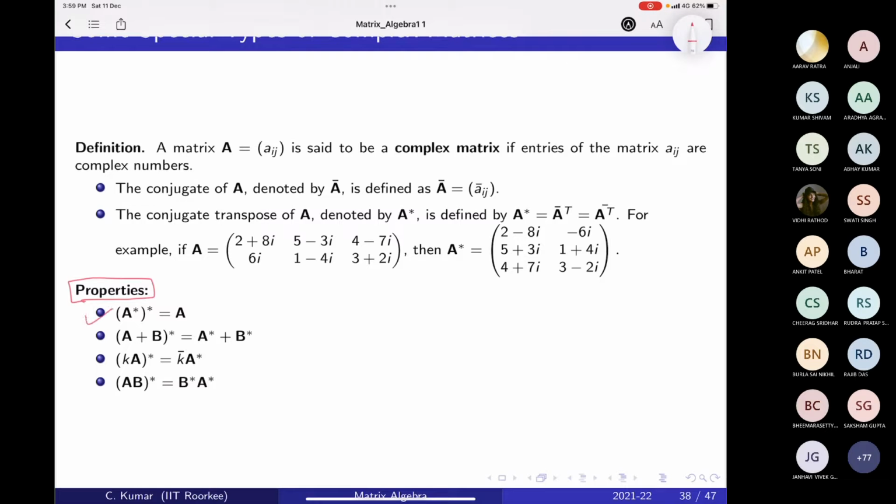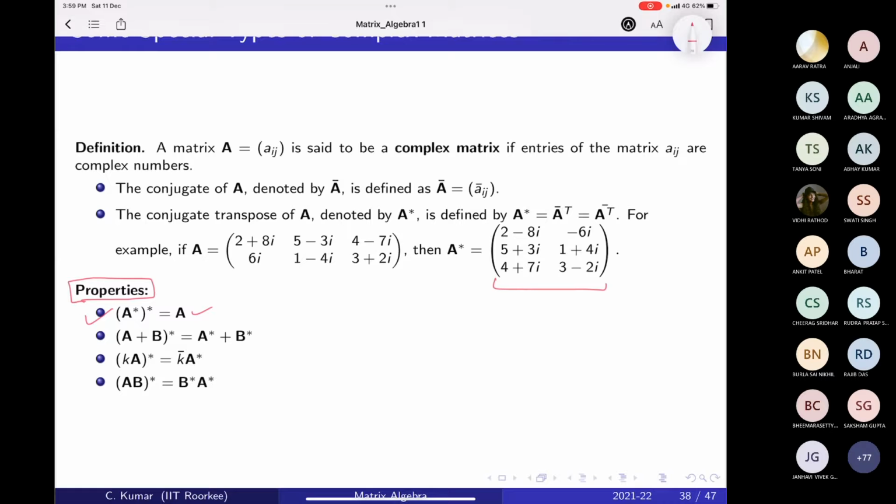A star and star of A will be equal to A. From here, if you consider this example, you can see that this holds.